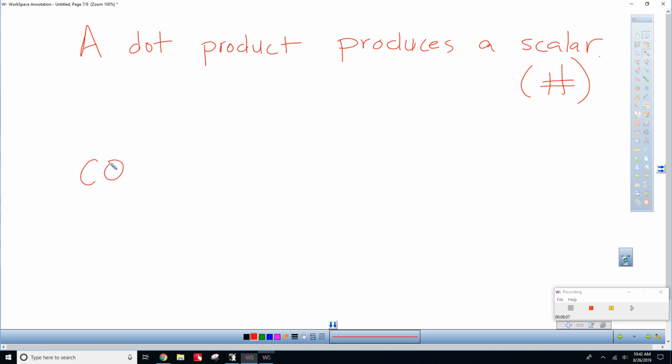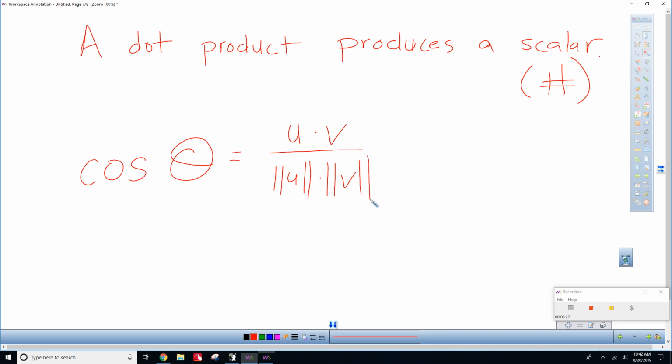The cosine of the angle between the vectors is equal to the dot product of the vectors divided by the magnitude of the first vector times the magnitude of the second vector. So let's go back to this example.